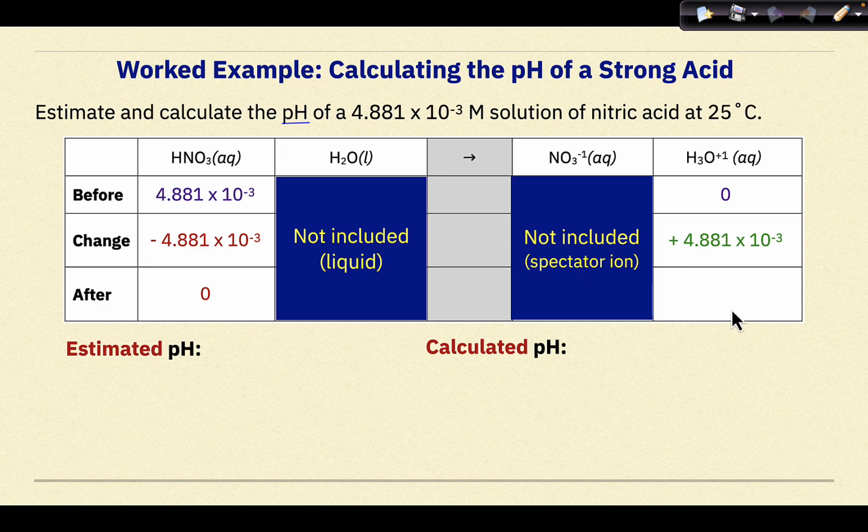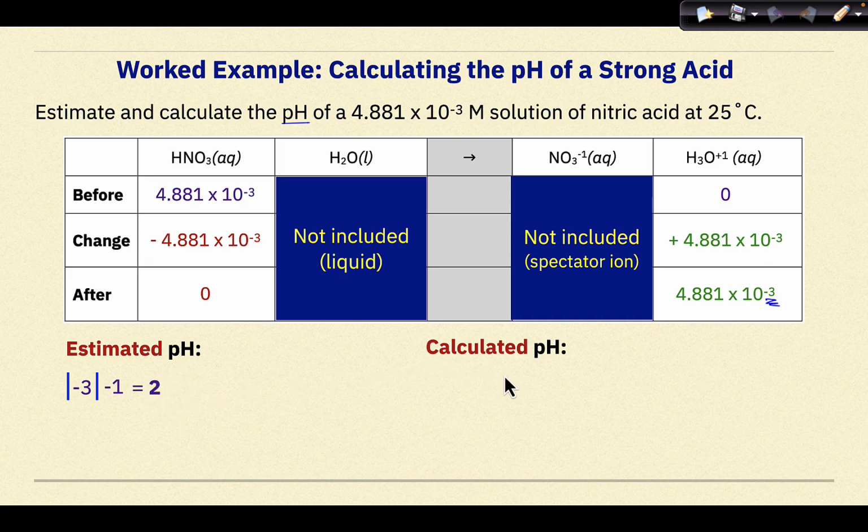And the only thing that we're looking at is the concentration of the hydronium ion. So let's start out by estimating the pH based on this concentration. So we're going to take the absolute value of the negative 3, which we see right here. We're going to subtract 1, so our estimated pH would be 2.